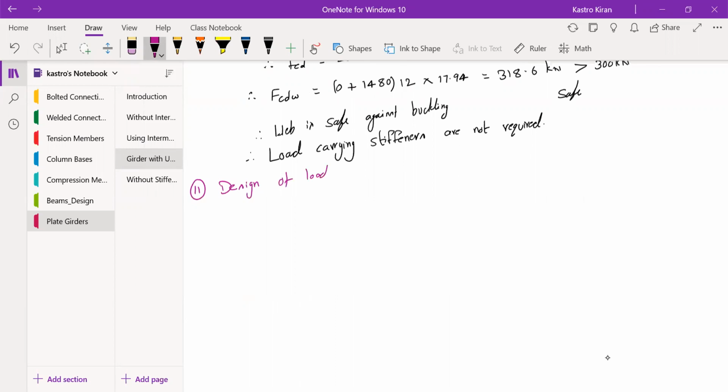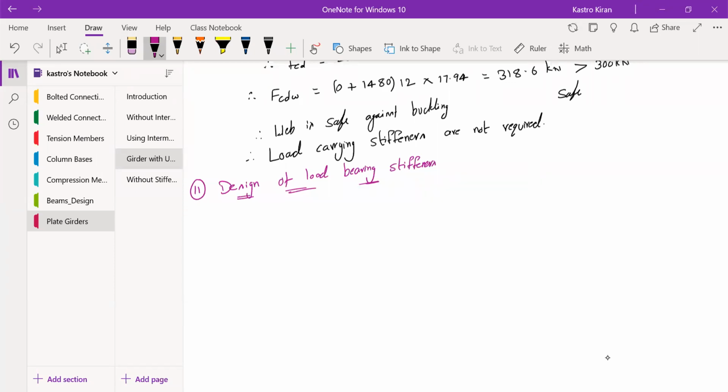Just keep the heading as design of load bearing stiffeners. Usually, load bearing stiffeners should be provided for webs where forces applied through flanges by loads or by reaction exceed the local capacity of the web.